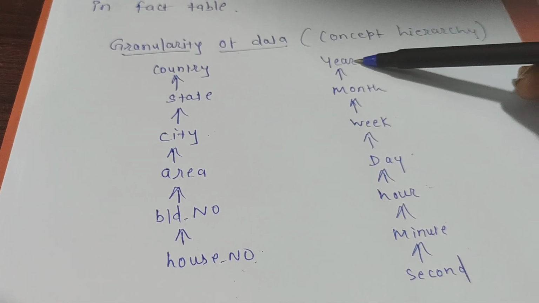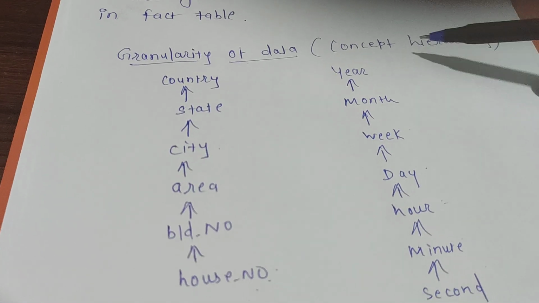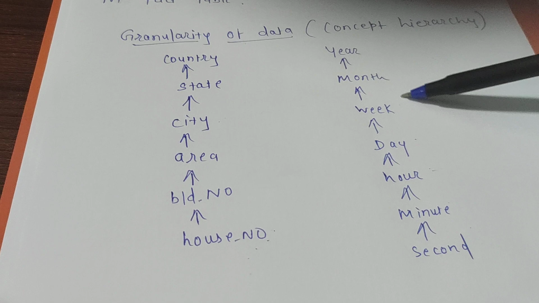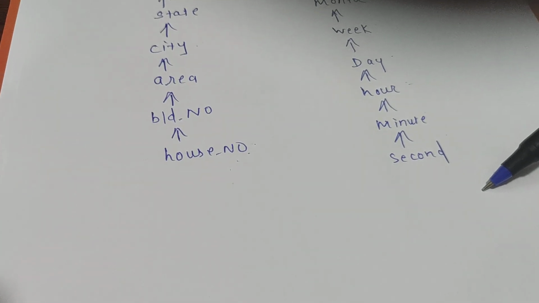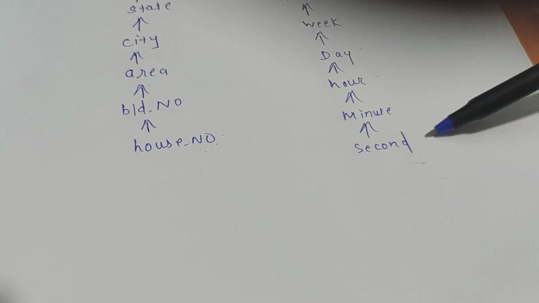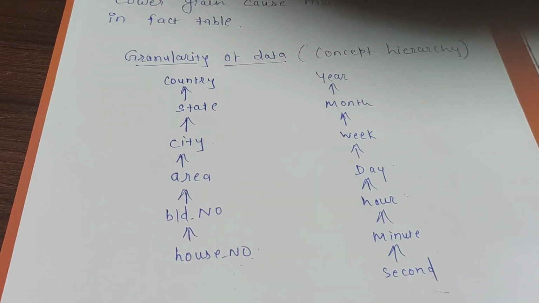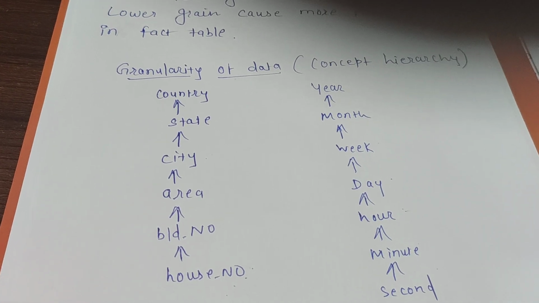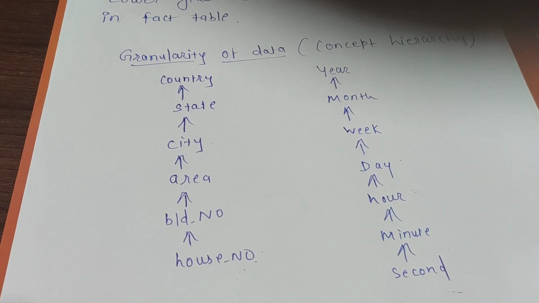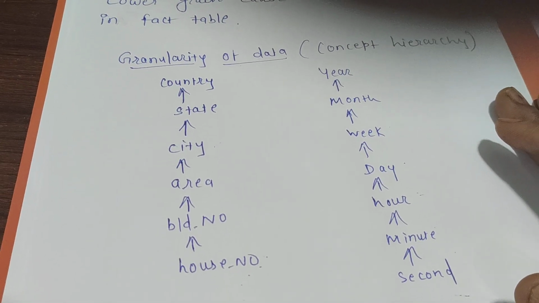Every level is nothing but one column in your dimension table. So as you increase granularity of data, as you increase detailed information, the number of columns will increase. Therefore your dimension table will become wider and wider. This is all about your star schema and snowflake schema.